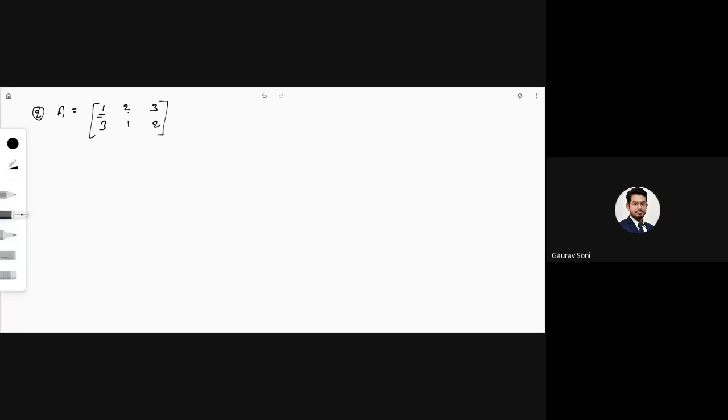So I don't have to do any calculation, directly make the below entry 0. So R2 minus 3 times R1. So what we get is 1, 2, 3. This will turn out to be 0. 1 minus 6, that will be minus 5, and 2 minus 9, minus 7.